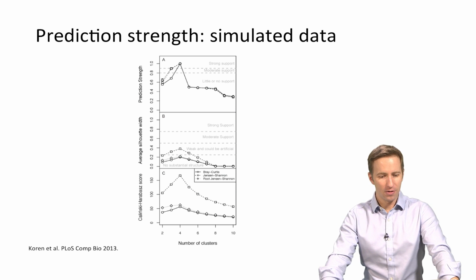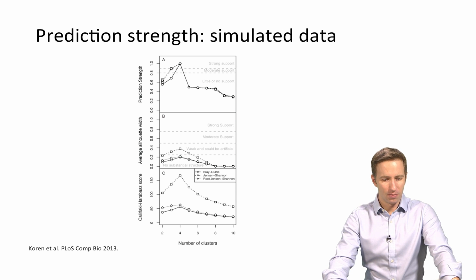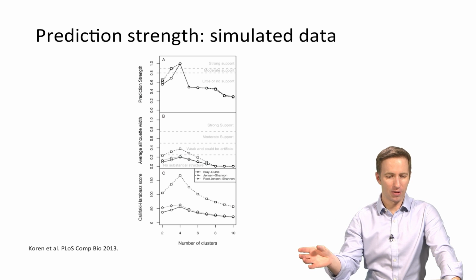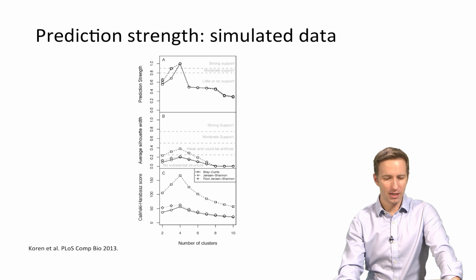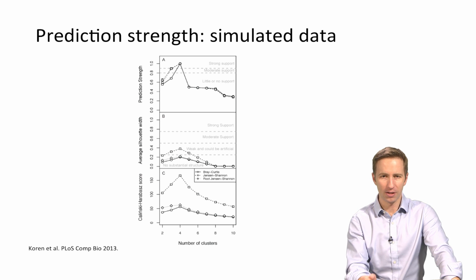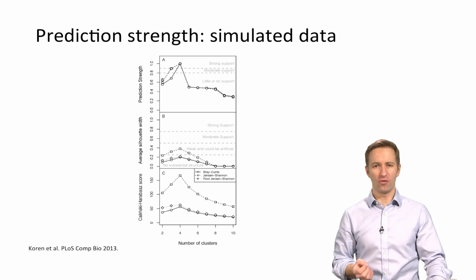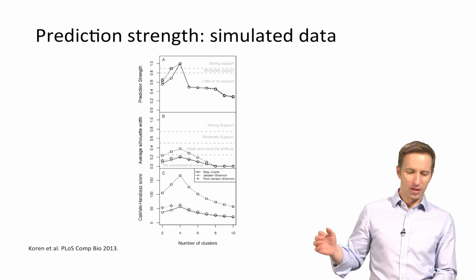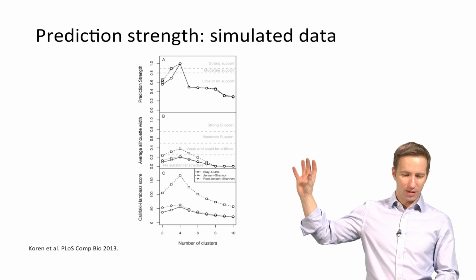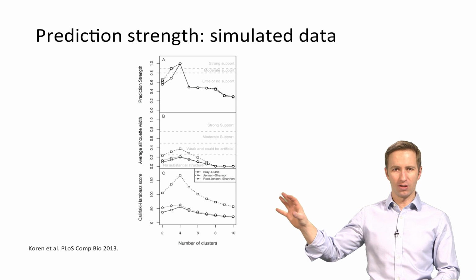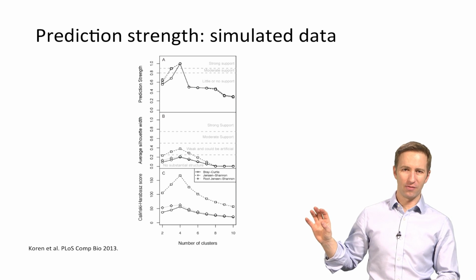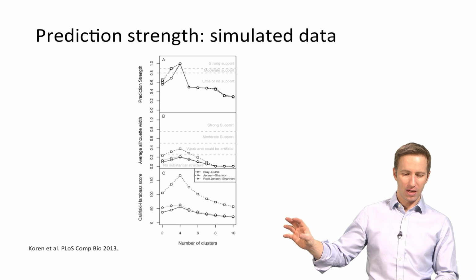A couple of years ago, with some collaborators, we applied prediction strength to a number of different data sets, including simulated data, and found that it worked pretty well. So for example, here's a data set simulated to have 4 distinct clusters, and then I have prediction strength, silhouette width, and the Calinski-Harabasz metric.